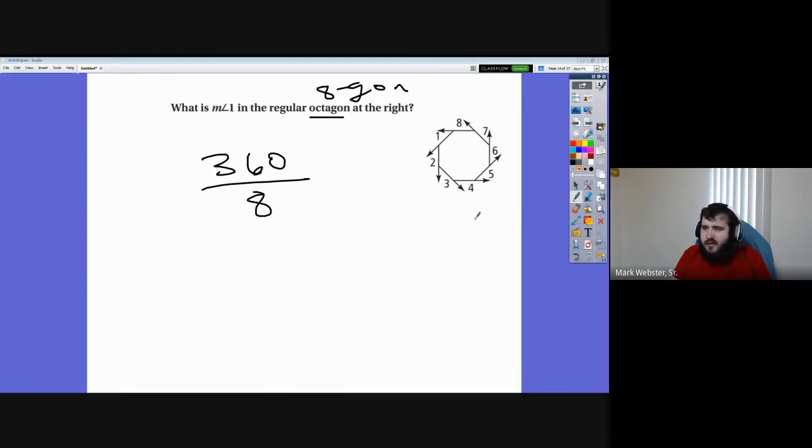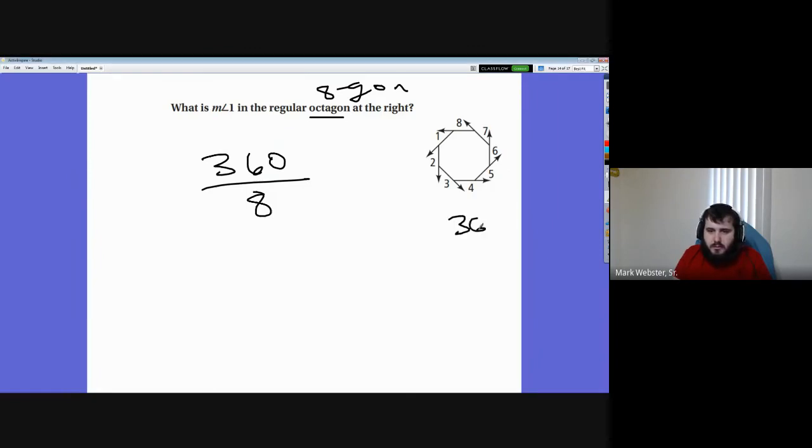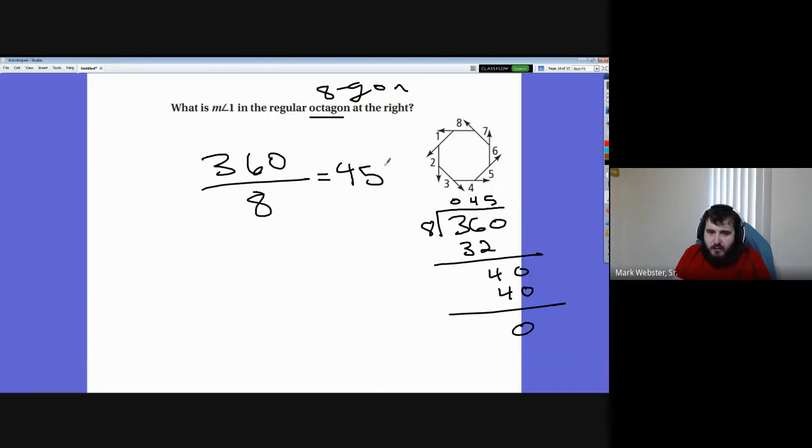Well, how many times does it go into 3? None. 36. 8 times 4 is 32, right? So we're left with 4 here. Drop down the 0. 8 times what is 40? So each of these angles is a 45-degree angle.